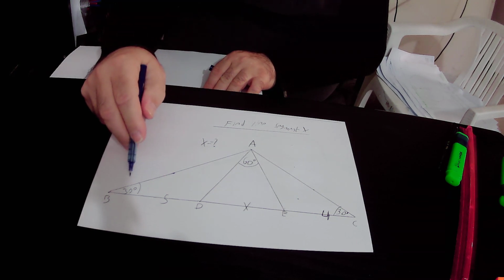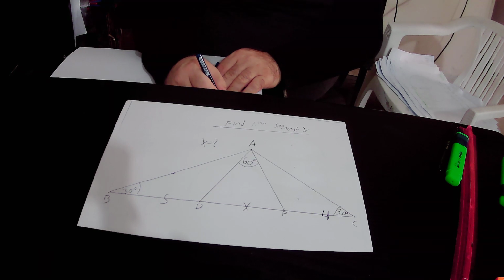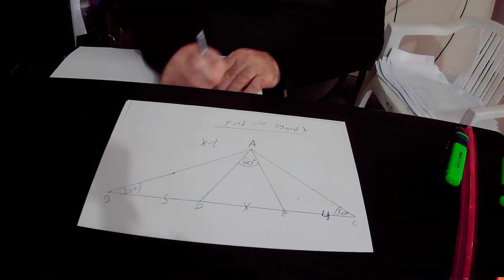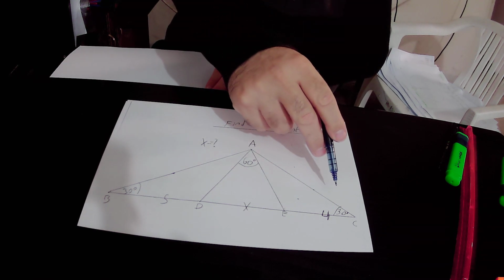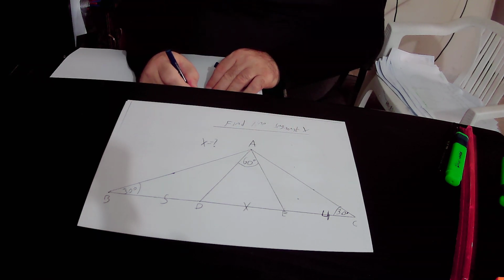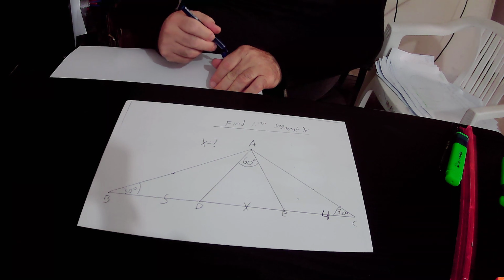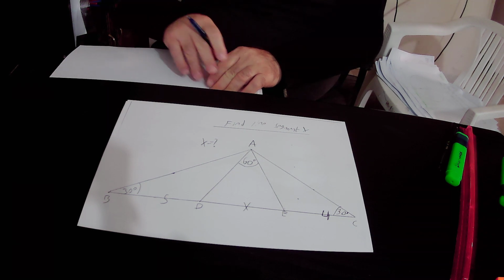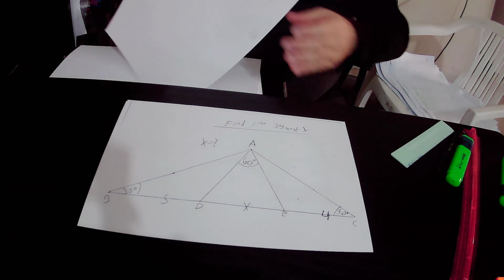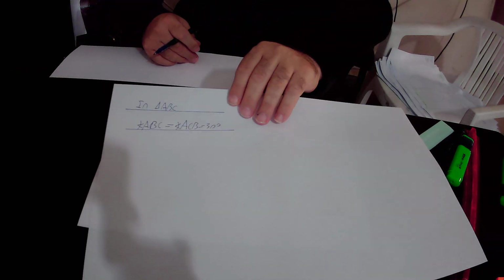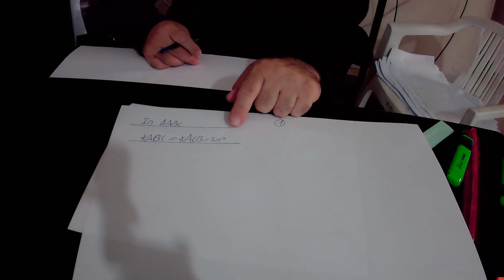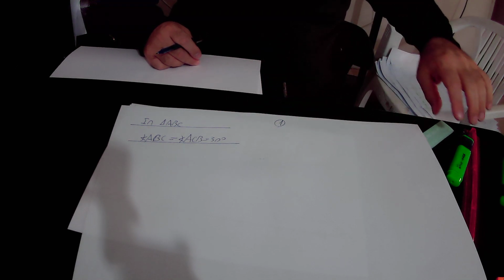This angle ABC equals this angle, angle ACB. Both angles are equal to 30 degrees, therefore they are equal to each other. I'll repeat again. In triangle ABC, angle ABC equals angle ACB.